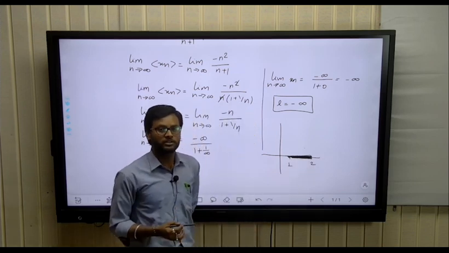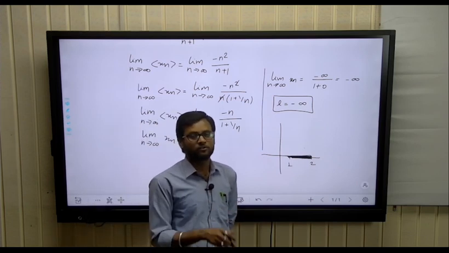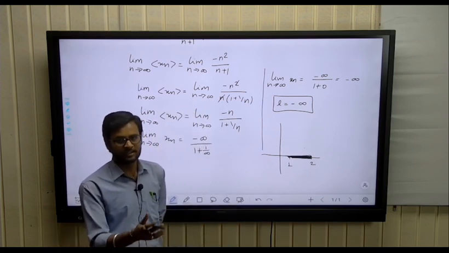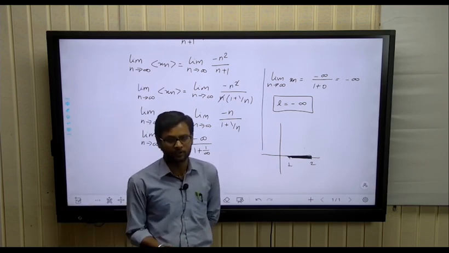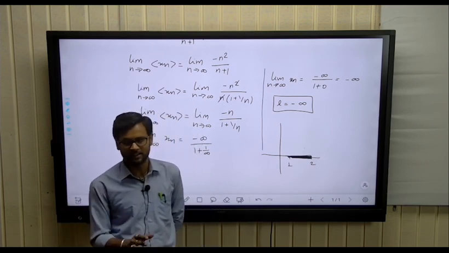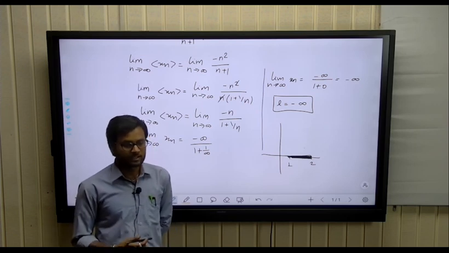When the terms of a sequence oscillate between two numbers, then that sequence is called an oscillatory sequence. This is the basic definition of an oscillatory sequence, not a very technical definition, and it is clear from the example.